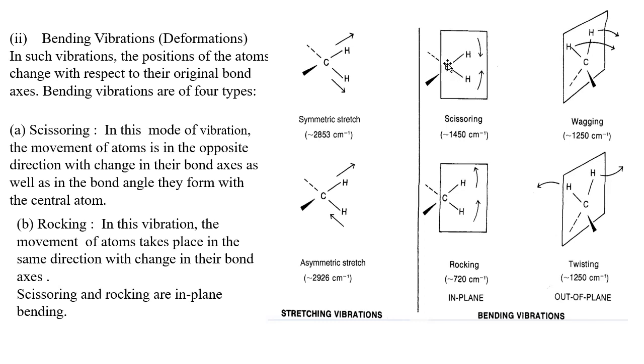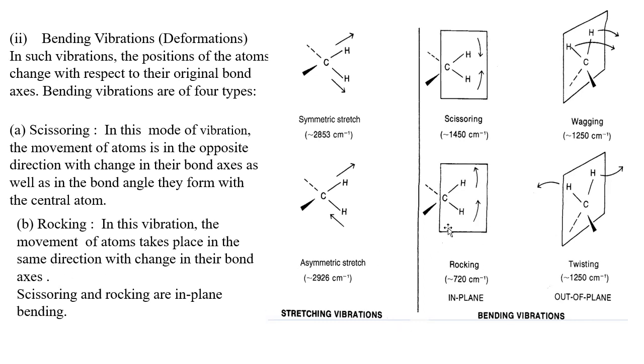Here also, the position of hydrogen changes with respect to this bond axis. But these two hydrogens are moving to opposite sides, this side and this side, within the plane, and so it is an in-plane vibration.